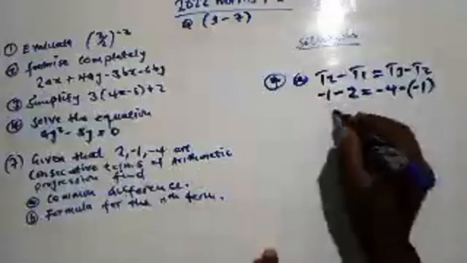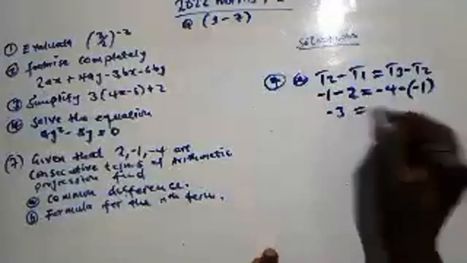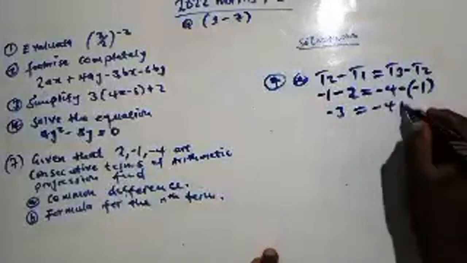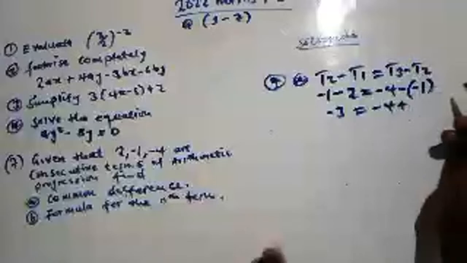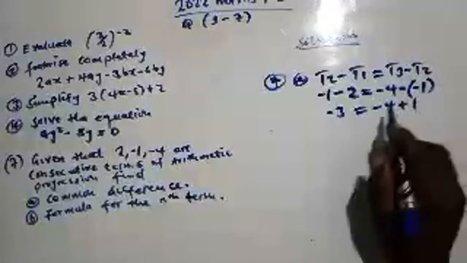Then here you're going to have -3, okay, which is equal to -4 plus negative times negative, it is positive, okay, then it will be +1.